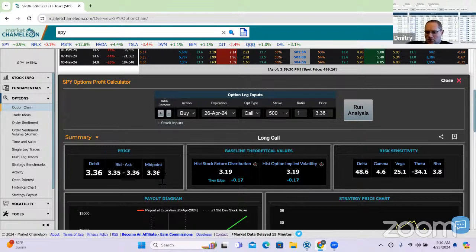And then the other theoretical value is, we could look at historical option prices for similar options and figure out what we think it's worth if we use that methodology, right? The implied volatilities and so forth.